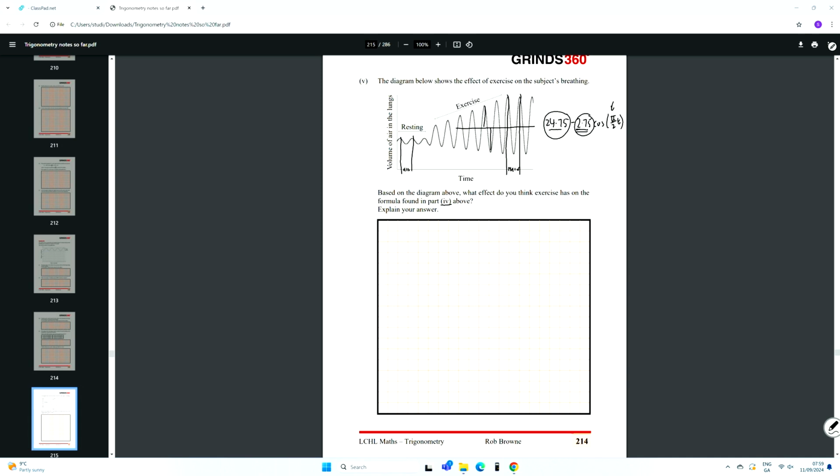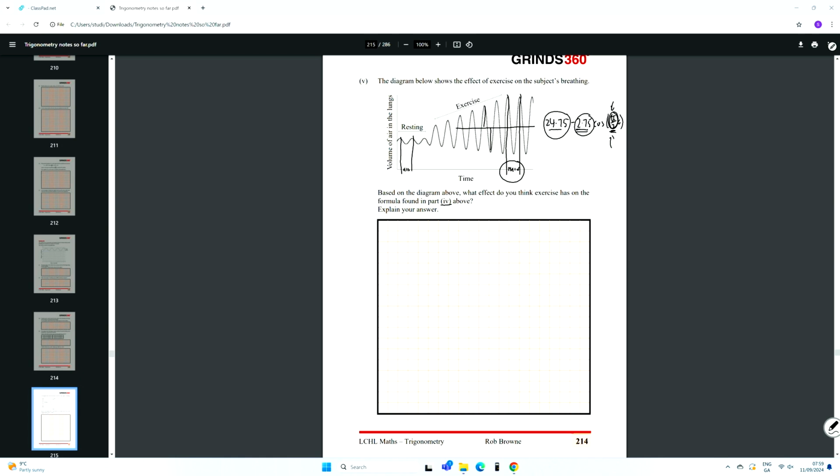It looks to me like the period is the same, so that number is probably not going to change very much. But if you said, for example, that it looks like the breathing has sped up a bit, so that number will change, or the breathing has slowed down. Any comment like that shows the examiner I understand that that number there is related to the breathing rate, the period, and that's all he'd be looking for there.